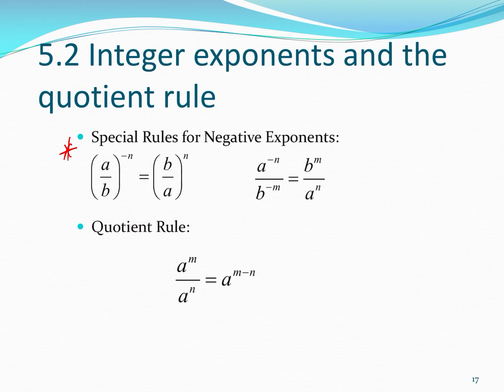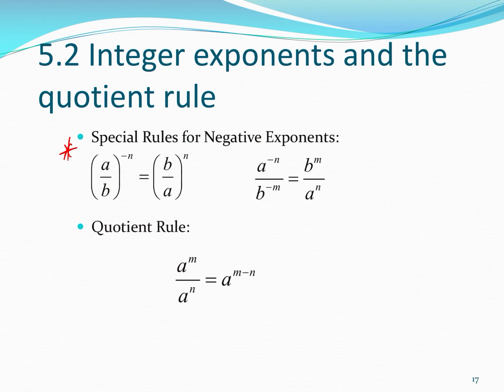The next rule is what we just saw. We just saw it on this problem. And it says that if you have this base raised to a negative power on top and bottom, so negative exponent on top and bottom, you can literally flip that whole fraction. Take the one that's on bottom to the top and the one that's on top to the bottom, and those exponents become positive.